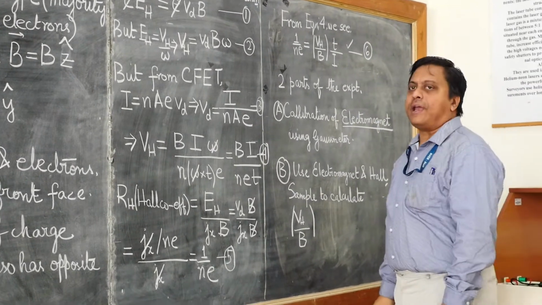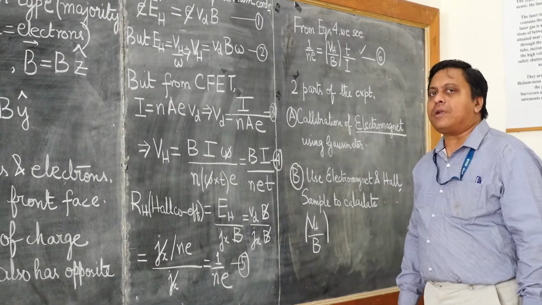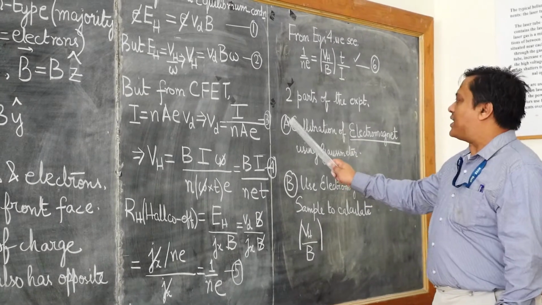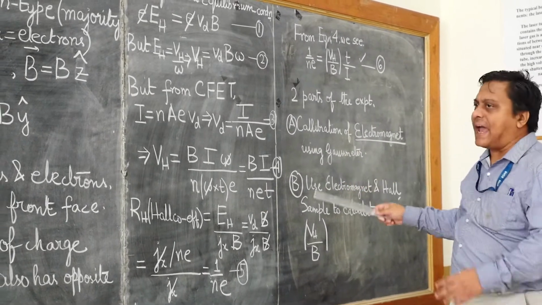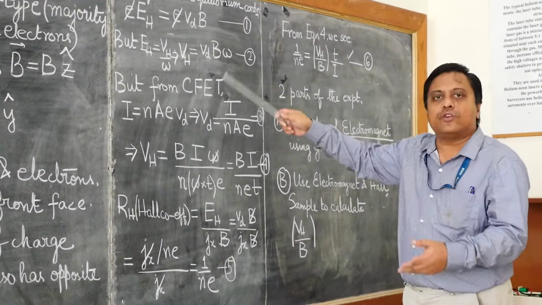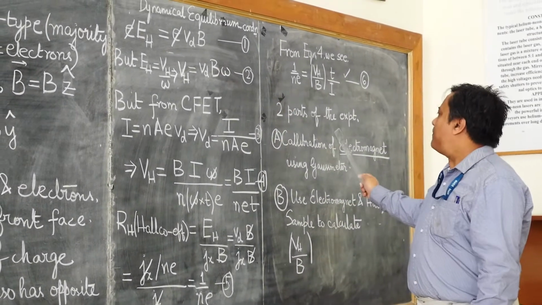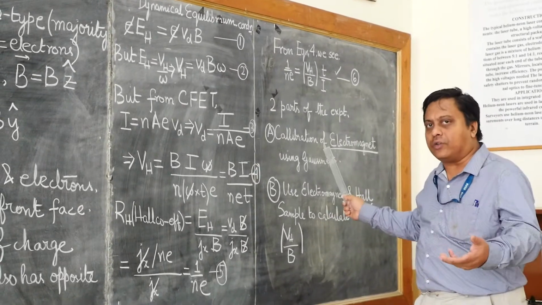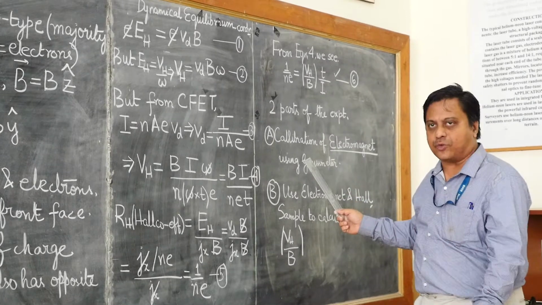Now let us quickly come to the methodology of the experiment. There are two major parts of this experiment. The first part, which I call A, is basically the calibration of an electromagnet, because we are going to generate this magnetic field using an electromagnet. The calibration of the electromagnet will be done using something called a Gauss meter. We'll see how the Gauss meter looks very soon.